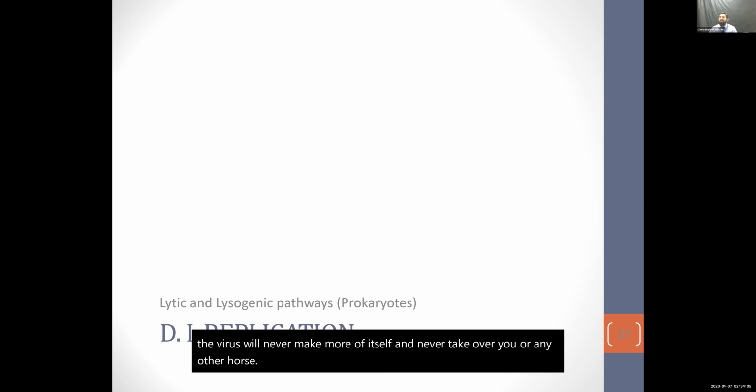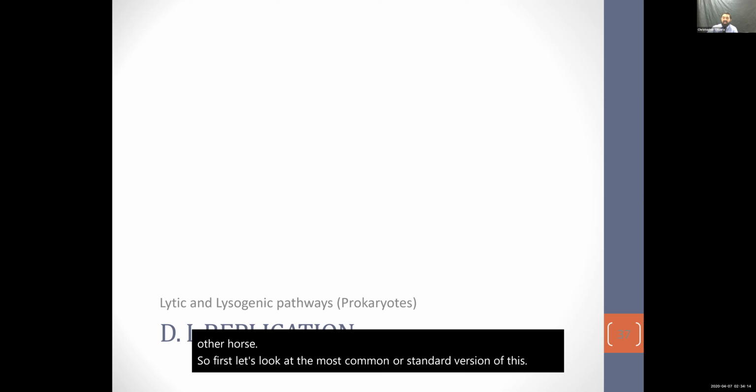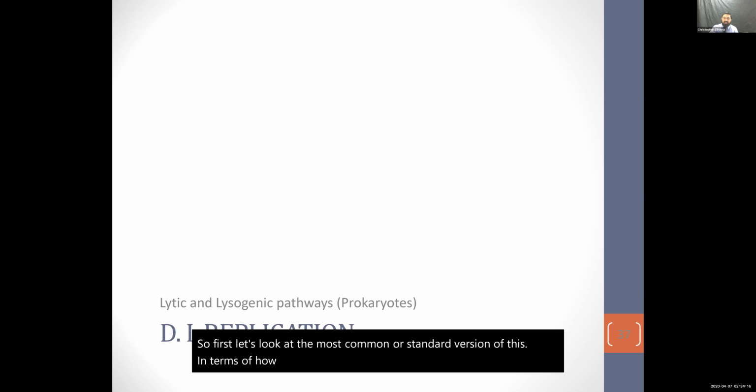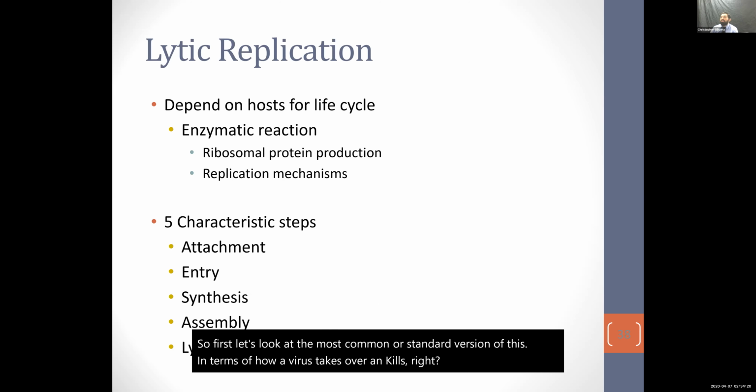All right, so first let's look at the most common or standard version of this in terms of how a virus takes over and kills, right? So since we already have the 5 stages listed, remember that the attachment is based on that handshake that we were talking about before. It needs to match, okay?